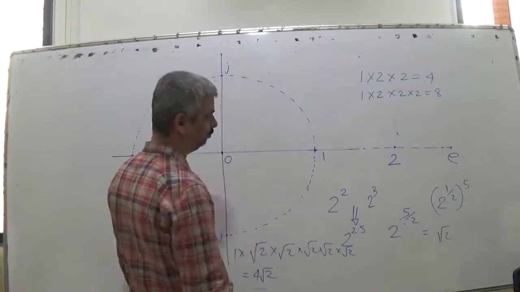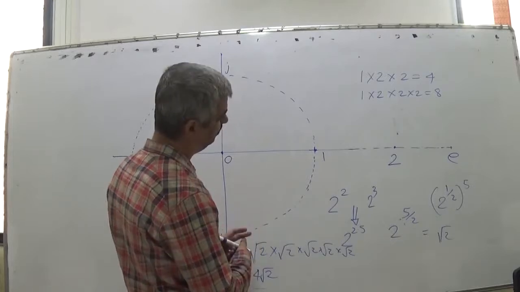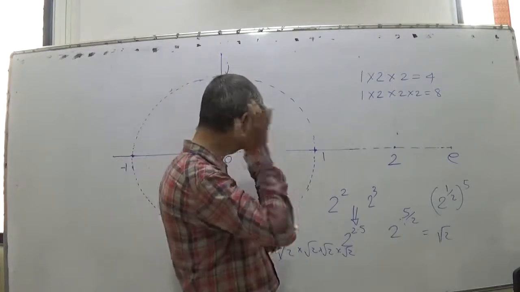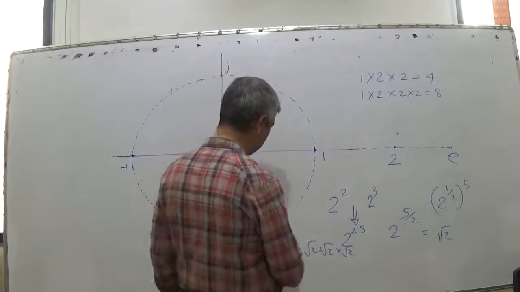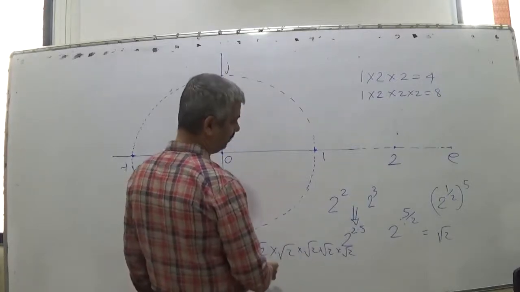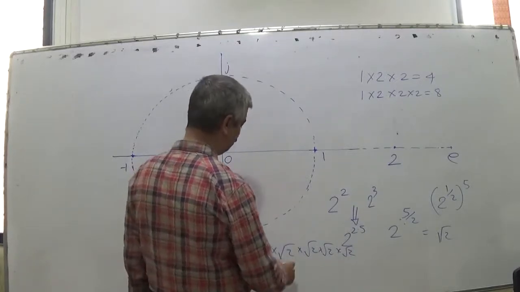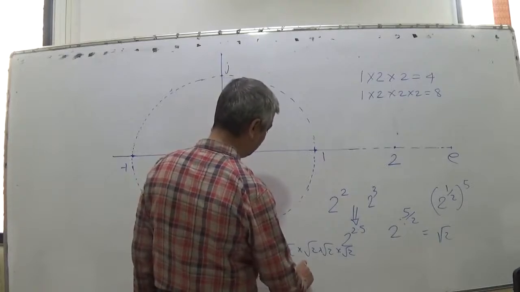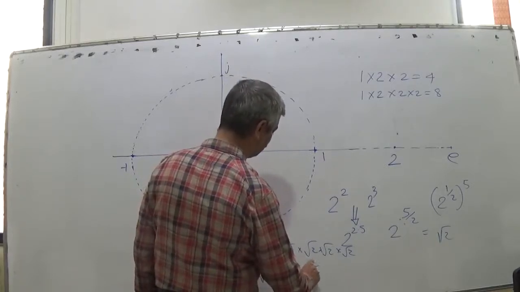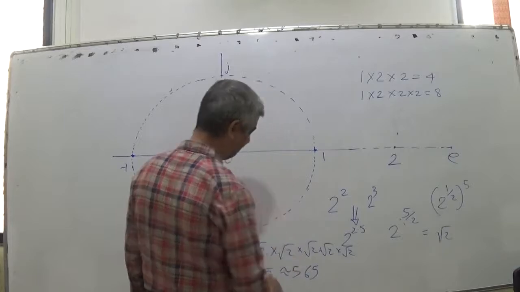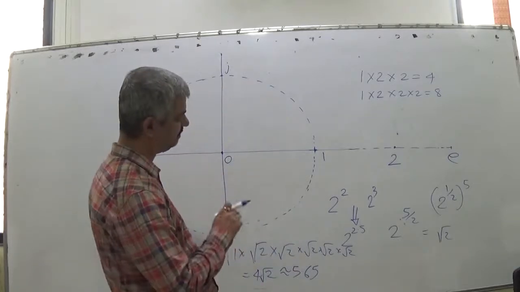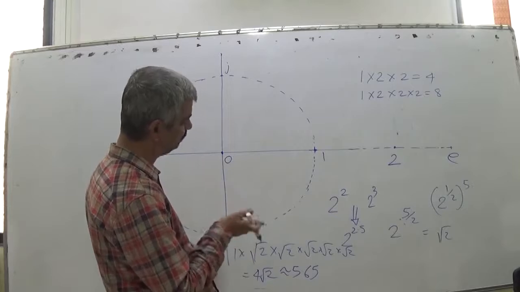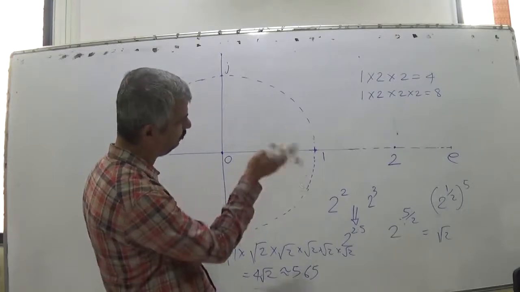Now 4 root 2 is 1 point something times 4, something like 5.65 or so approximately. So it is obviously, 2 raised to 2 is 4, 2 raised to 3 is 8, 2 raised to 2.5 has to be in between 4 and 8.